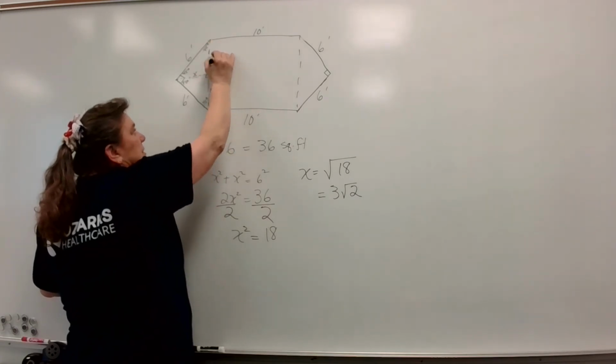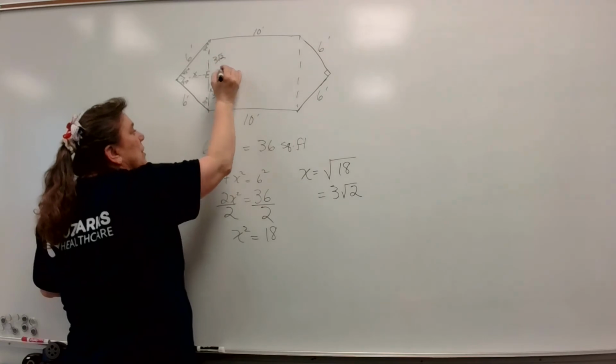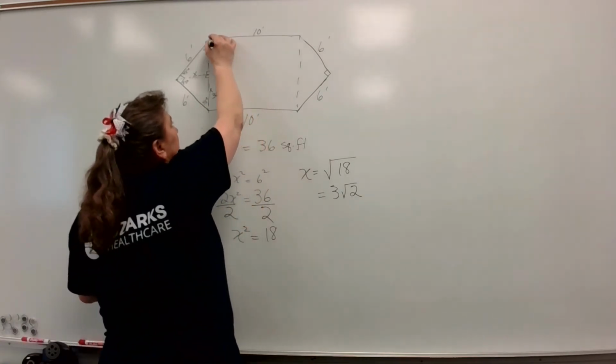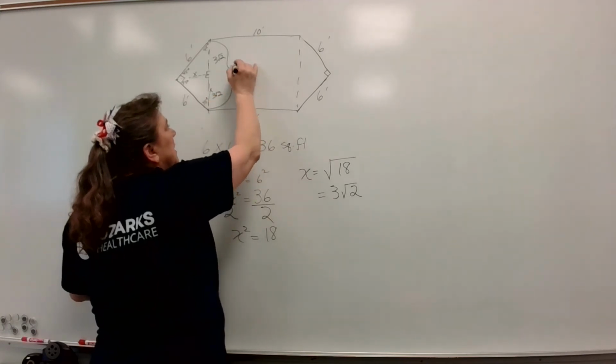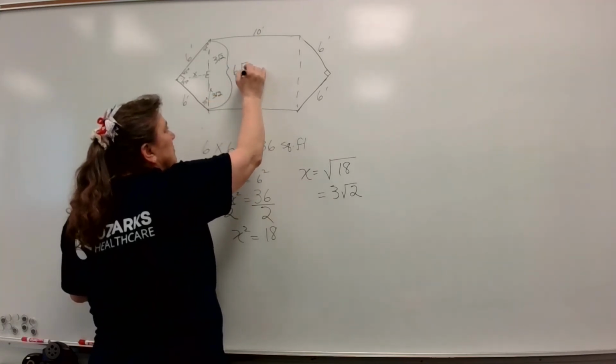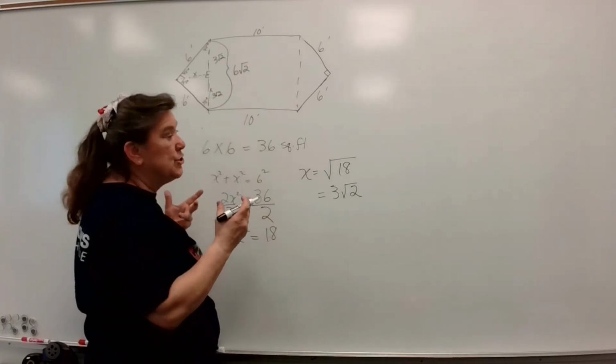This one up here is 3 square root of 2, which makes the length of this piece of this particular shape 6 square root of 2, because we combine like terms.